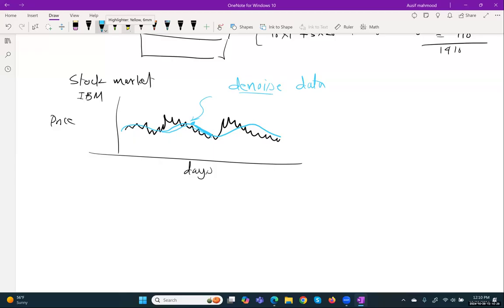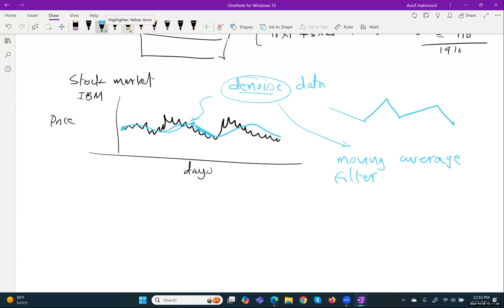One possibility is you measure the value over here, then 1 week later measure it over here. But that data will again show you up and down, and that doesn't tell you the trend. So the denoising that we typically do uses, for example, a moving average filter.